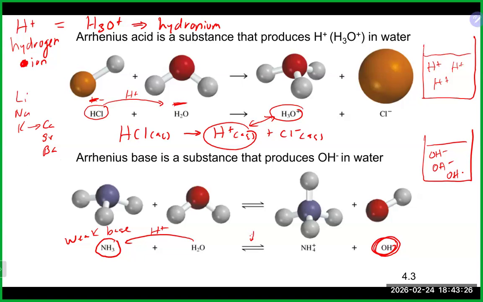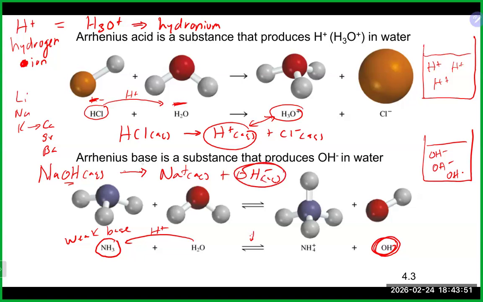Now, different than ammonia, sodium hydroxide is a strong base because frankly, it's carrying hydroxide with it. So all it has to do is go for a swim and it's going to completely break apart into ions because it's a strong electrolyte, and it will produce a lot of free OH minus in that solution.